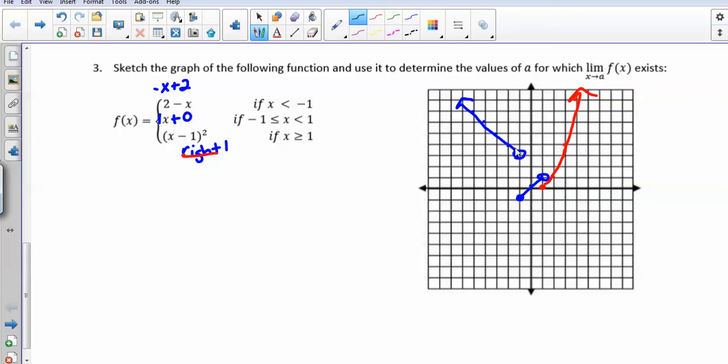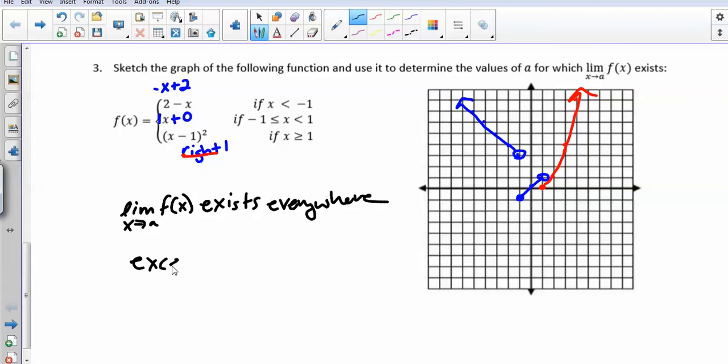So I have 2 points of discontinuity, so I'm going to say the limit as x approaches a of f of x exists everywhere except when a equals, let's see, right here, -1, and a equals, over here, +1.